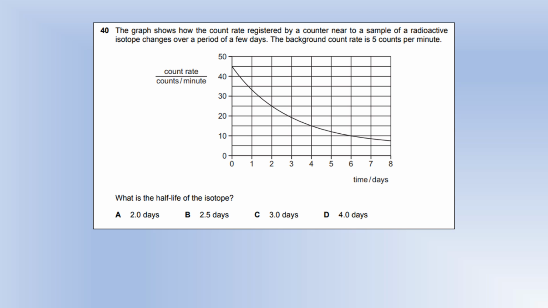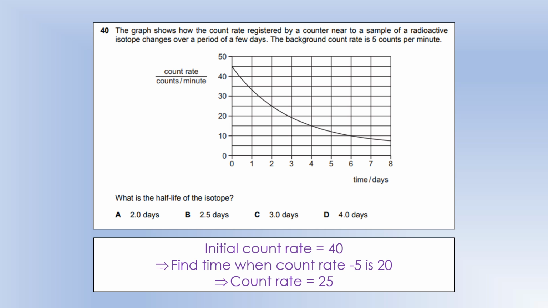The graph shows how the count rate registered by a counter near to a sample of radioactive isotope changes over a period of a few days. The background count rate is 5 counts per minute. What is the half-life? So if the background is 5 counts per minute, that means at the start, 40 counts are coming from the source.